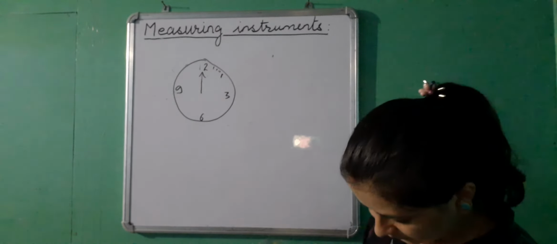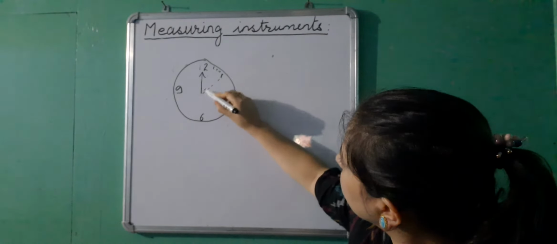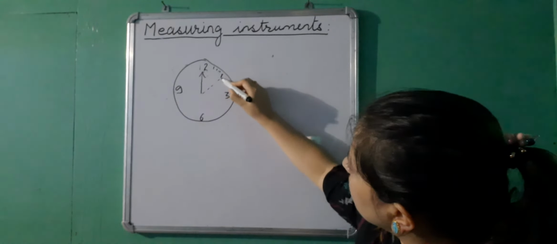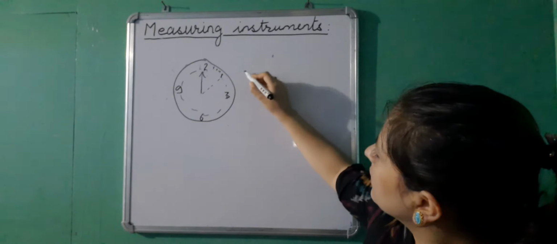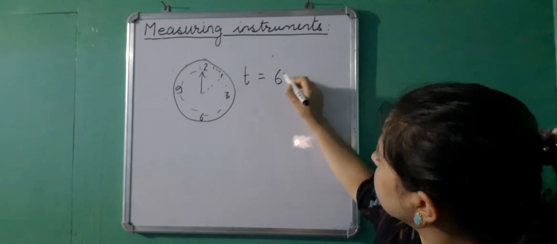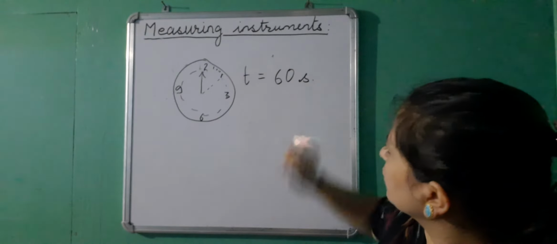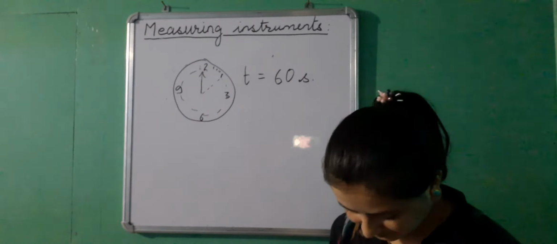Okay, now when it starts from this 12 and comes back to 12, it has covered a time interval of 60 seconds. Okay, so one revolution is equal to 60 seconds.